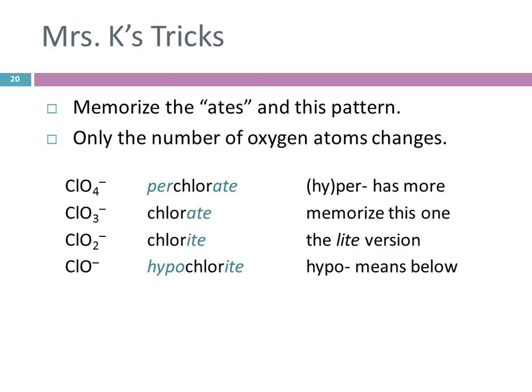So we could do things like bromate. Now, bromate was not on the table on the previous slide. But what group in the periodic table is bromine? It's in group 7A, right? It's right below chlorine.